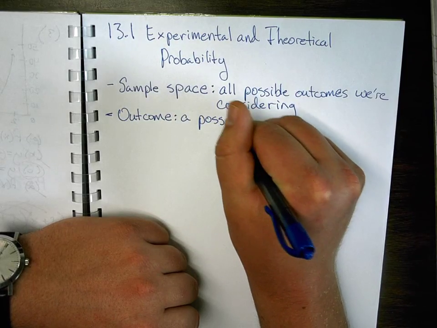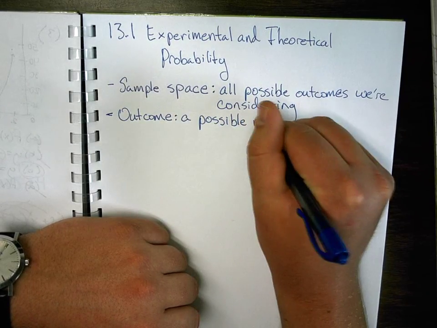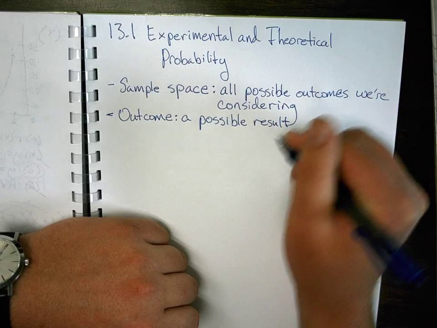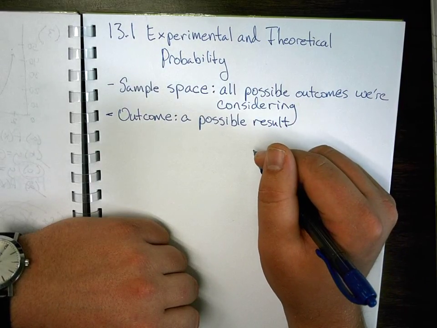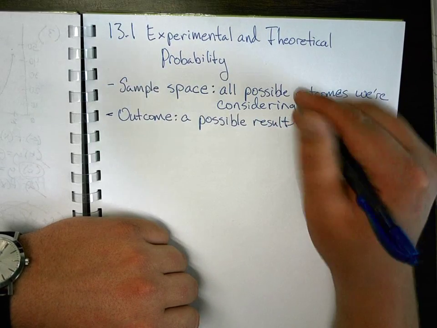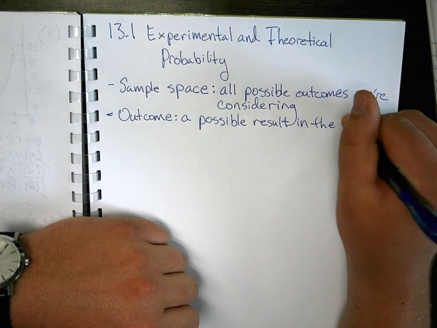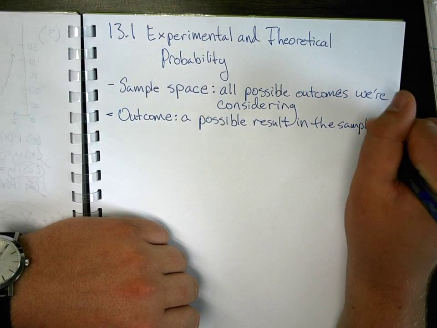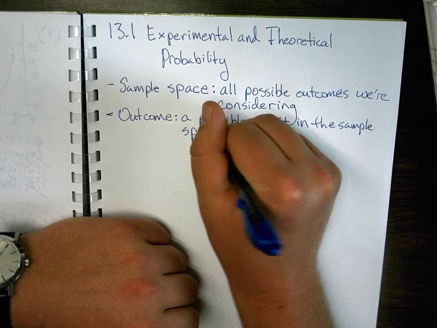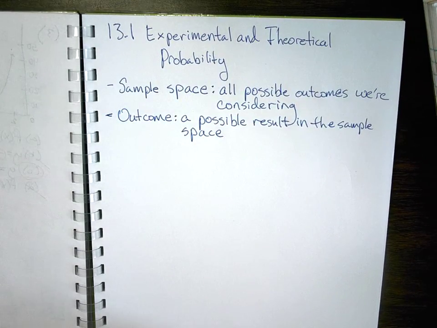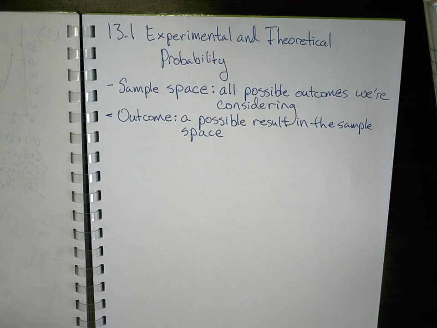is a possible result in the sample space. So you have the sample space, that's all the possible outcomes that you could have that you're considering.